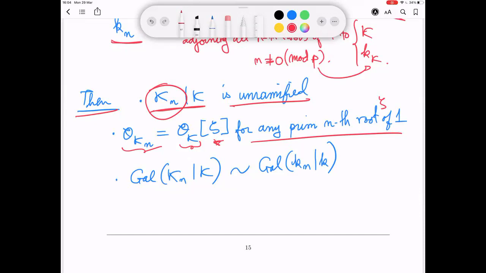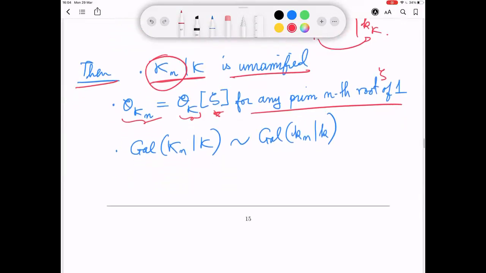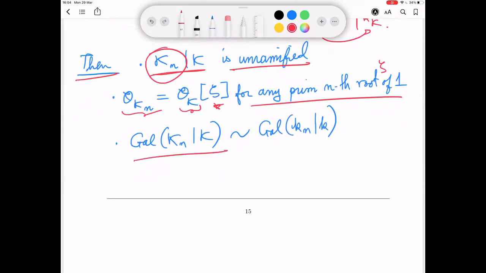And the ring of integers is generated as an O_K-algebra by any primitive nth root of 1. And the Galois group of K_n over K is isomorphic to the Galois group of k_n over k. It's cyclic with a canonical generator, of order g. And this order we will determine.